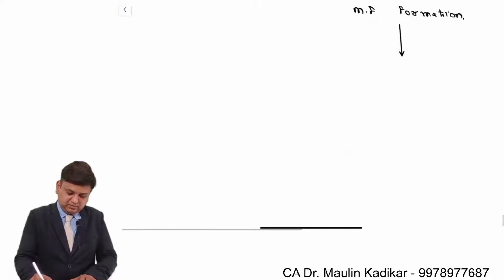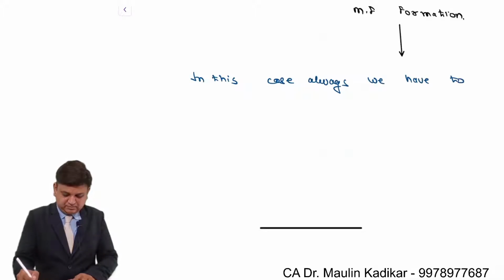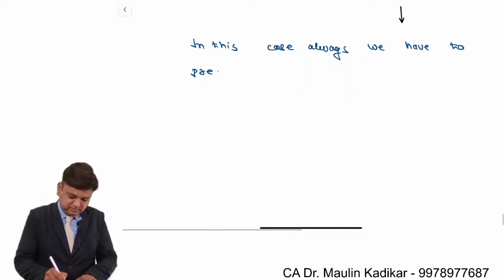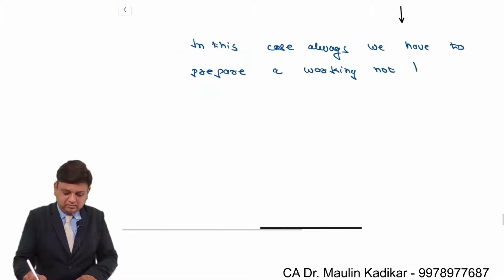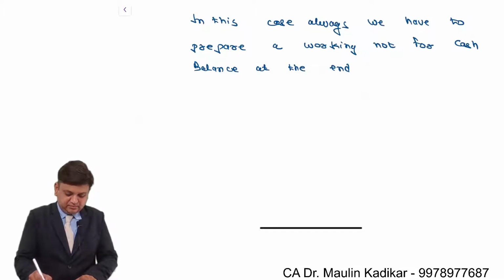In that write down, in this case, always we have to prepare a working note for cash balance at the end of year.